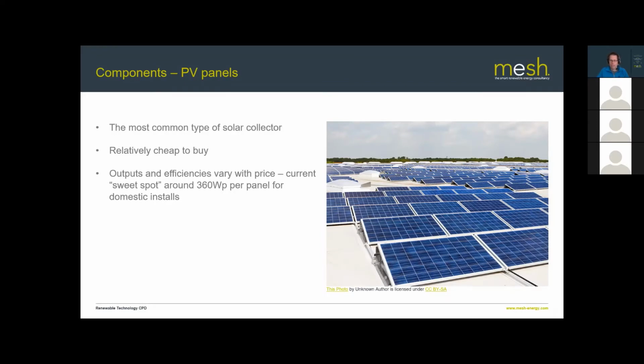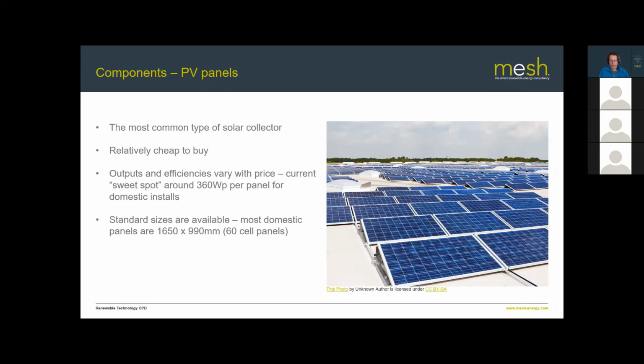That's based on a 60 cell panel, which is the standard domestic size, which physically measures about 1650 by 990 millimeters. The reason that 60 cell panels are particularly popular, and there are other sizes available, 66 cell and 72 cell are also quite popular, is that they're small enough that one person can lift them, but big enough they give you a pretty decent output.